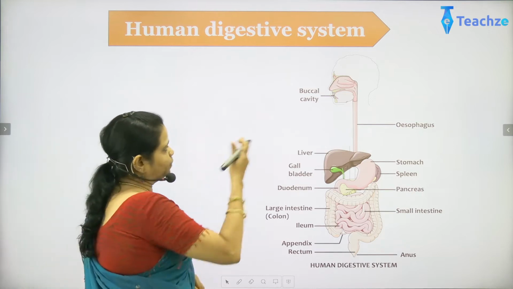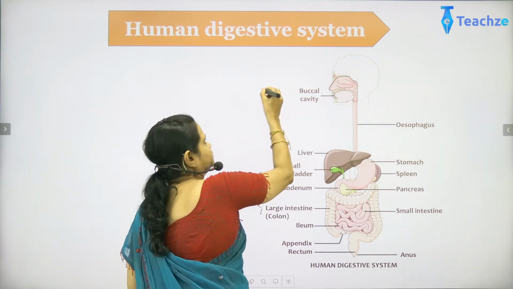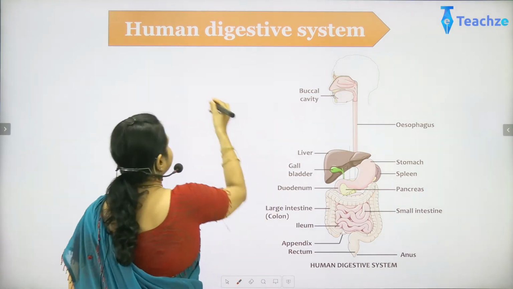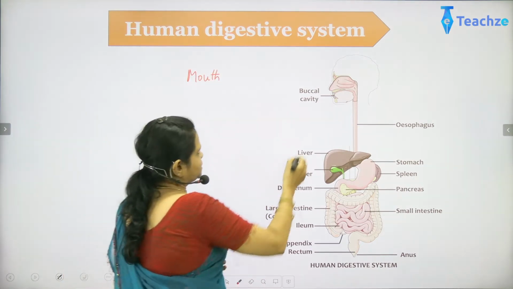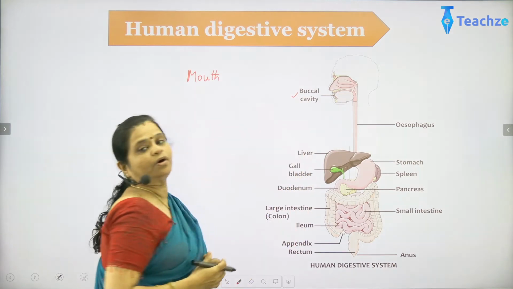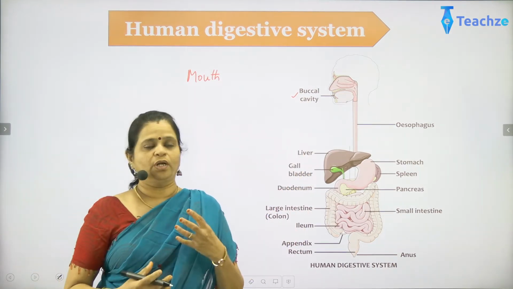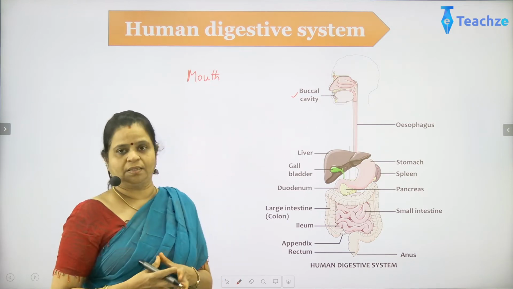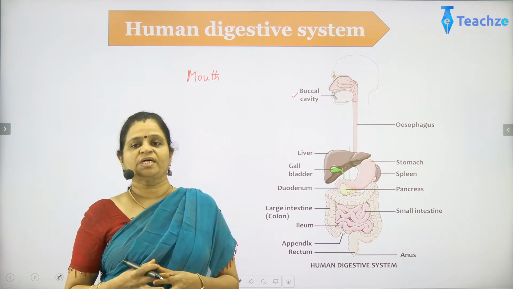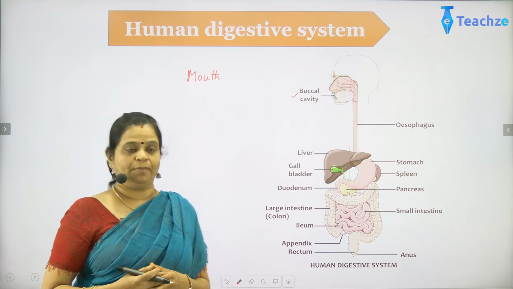So we start with the mouth region. The mouth enters into the next region, which is called the buccal cavity. You all know the buccal cavity consists of the teeth and the tongue, along with the mucous lining present in the mouth region.